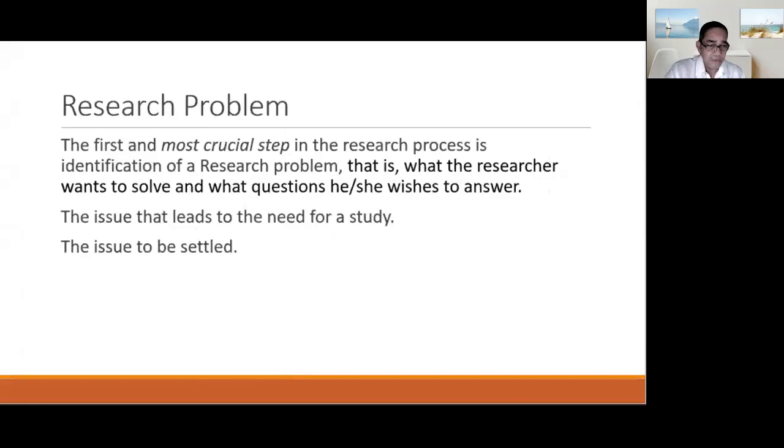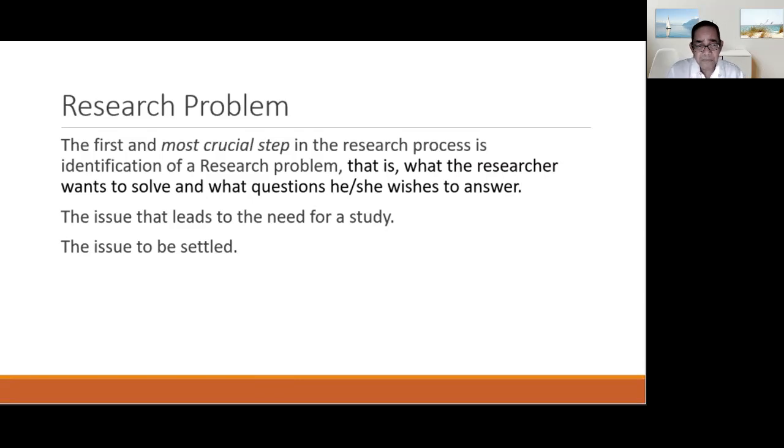Okay, so as we said, research problem is the first and the most crucial step in the research process, and its identification, meaning what the researcher wants to solve and what questions he wishes to answer, the identification of the research problem is really the first and the most crucial step in the research process.